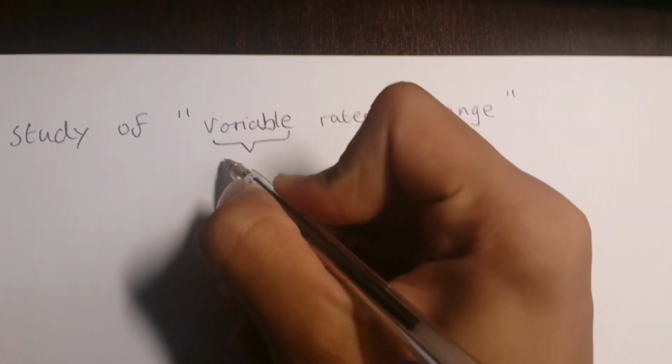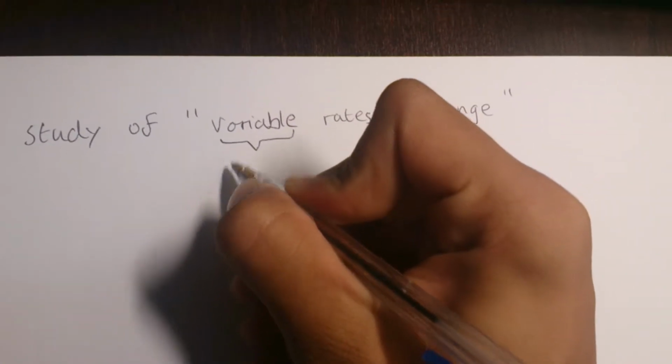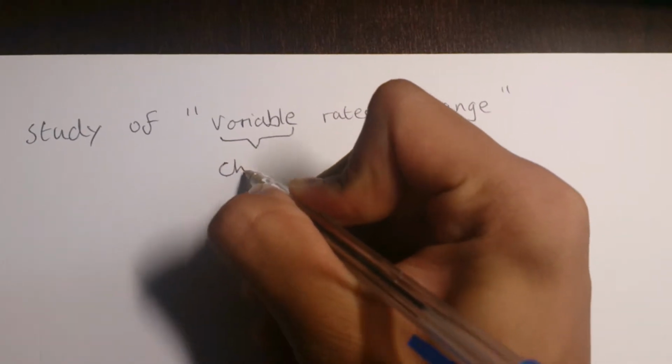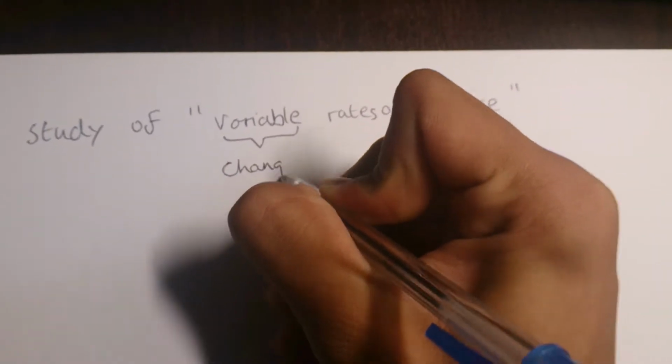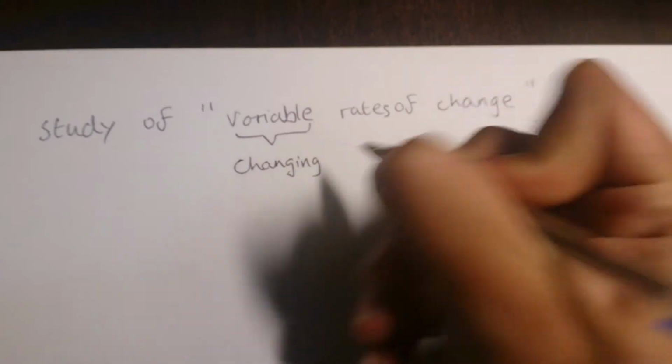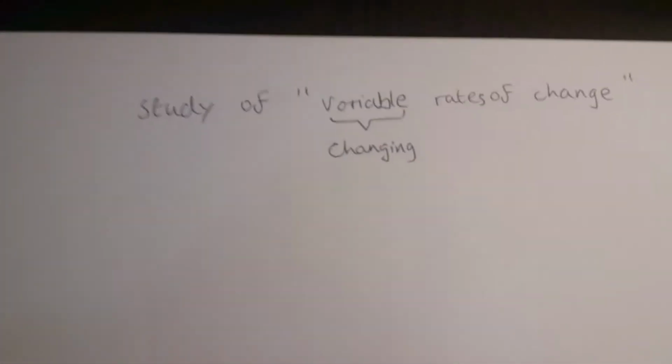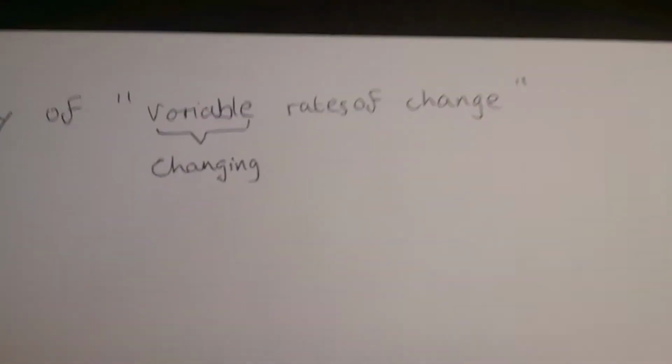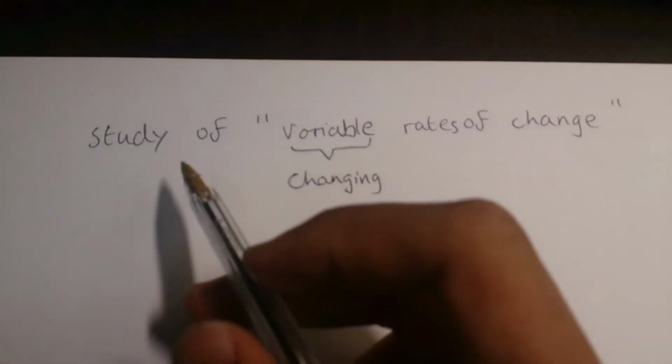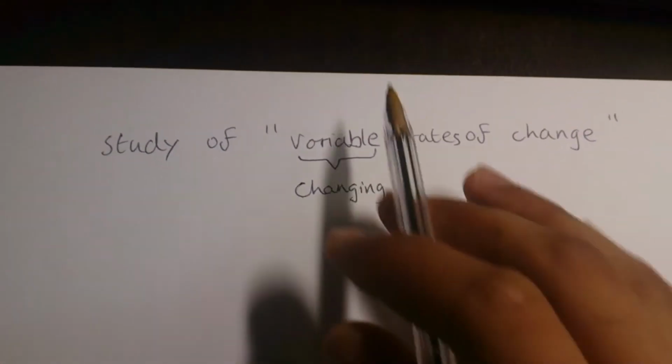Variable means something that is changing, really. And it sounds a bit strange, study of changing rates of change, but we'll get to that a bit later. So, let's just jump right in.